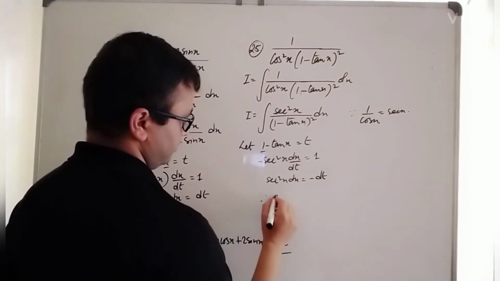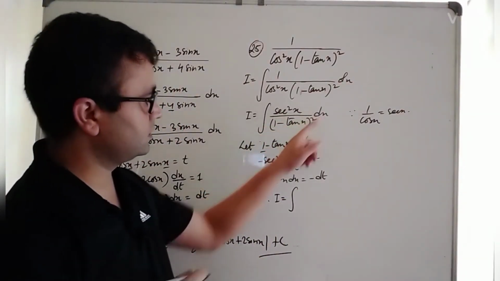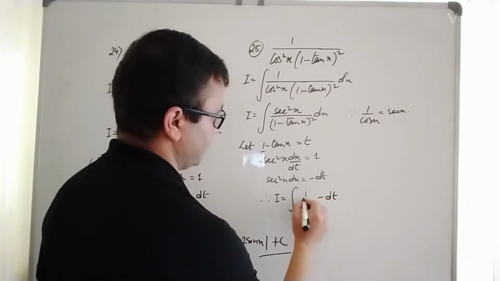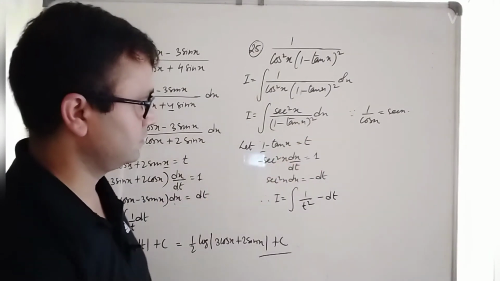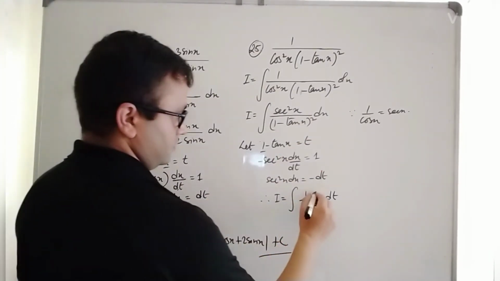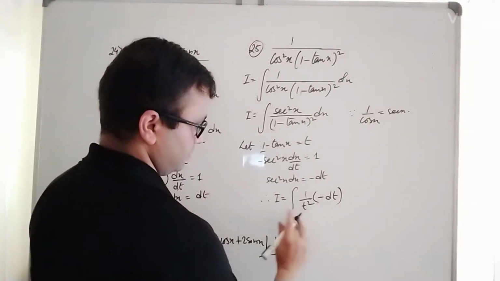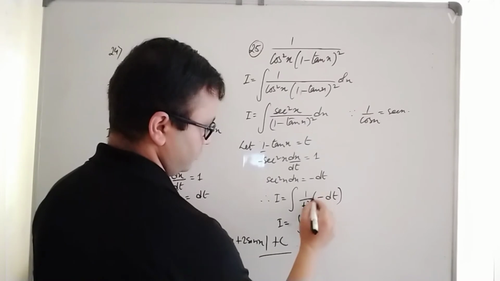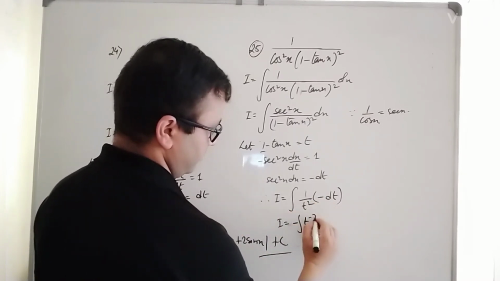Therefore I equals integration of minus dt by t square. We can take minus outside: minus t to the power minus 2 dt.